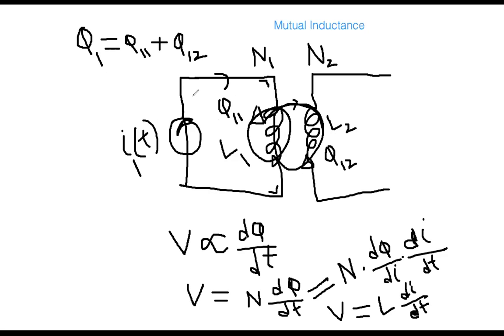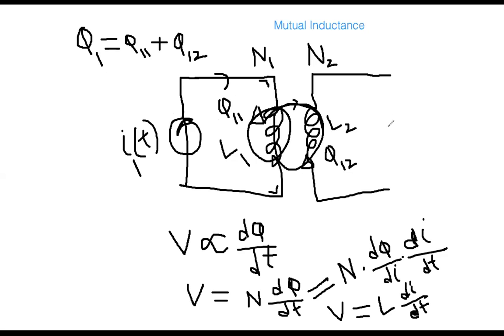Because of the application of i1(t), there are two types of flux. One flux is linking only this coil, which is phi 1,1. And there is another flux which is linking both coils. That is called phi 1,2, or the mutual flux. 1,2 means coil number 1, coil number 2, that is the linking. Phi 1,1 means it is confined to coil 1.